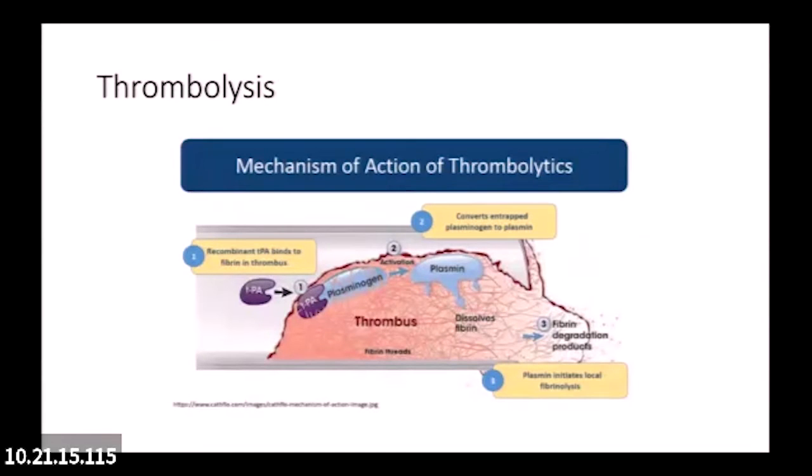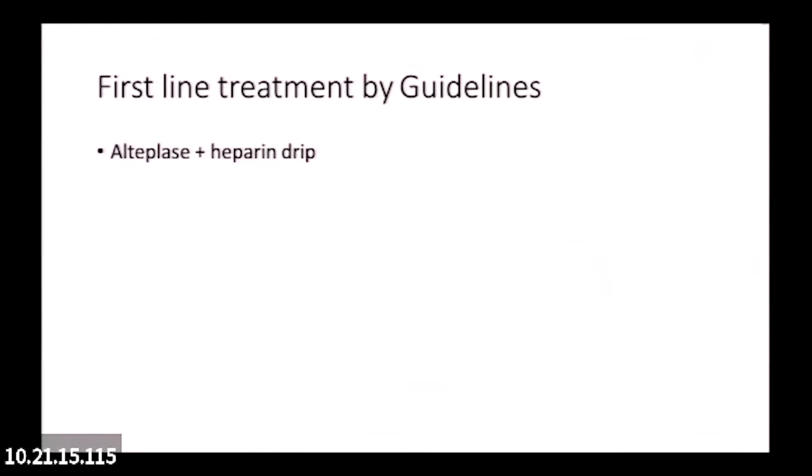The mechanism of thrombolysis is to activate plasminogen and generate plasmin to dissolve the fibrin and degrade the blood clot, and achieve reperfusion to the pulmonary artery. By guidelines, the first-line treatment so far is alteplase plus heparin drip.